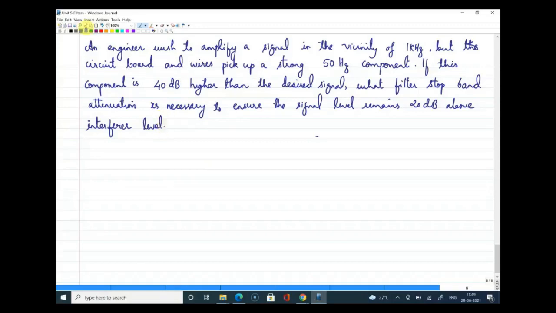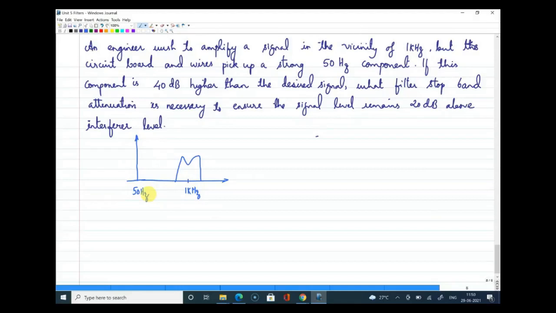So to visualize this, you have something here around 1 kilohertz, and you want to amplify this data, whatever it is, near 1 kilohertz. But on the lower side, maybe at around 50 hertz, you are seeing a noise component which is a strong undesired signal.